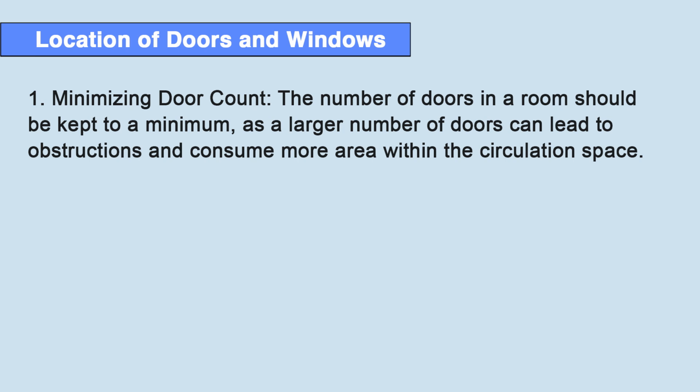The total number of doors in a room should be kept to a minimum, as a large number of doors can lead to obstruction and consume more area within the circulation space. Means we are supposed to keep the number of doors minimum in a building.